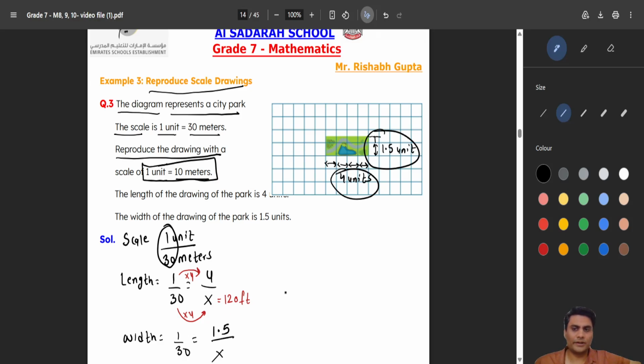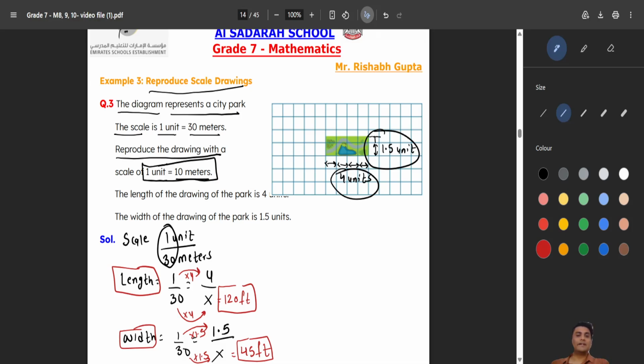So what will I do here? 1 times 1.5, correct? So here also do 30 times 1.5. 30 times 1.5 will give you 45 feet. So this is the length of my park, 120 feet, and the width of my park is 45 feet.